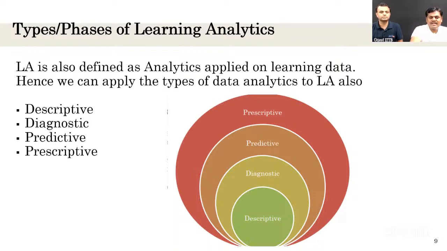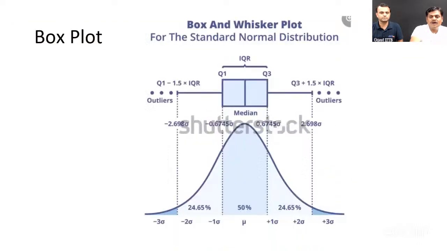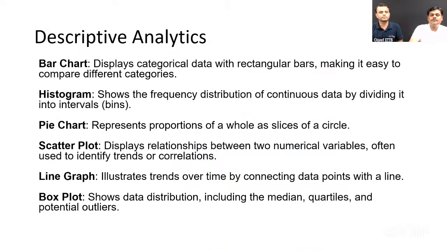We'll see one type of analytics here, which is descriptive analytics. Descriptive analytics can be implemented by using different types of visualization techniques like bars, charts and diagrams. What types of charts and diagrams are there?